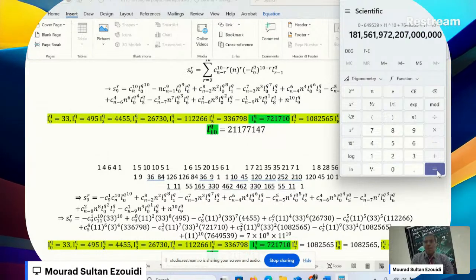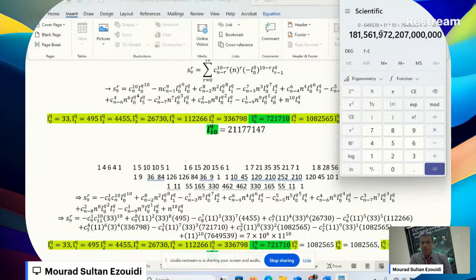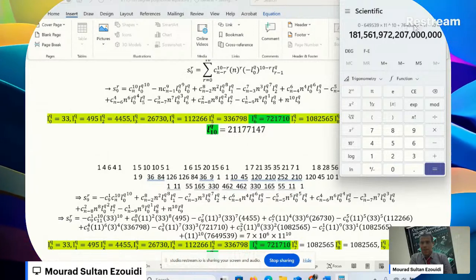So this one in fact is equal, let's call it this one.